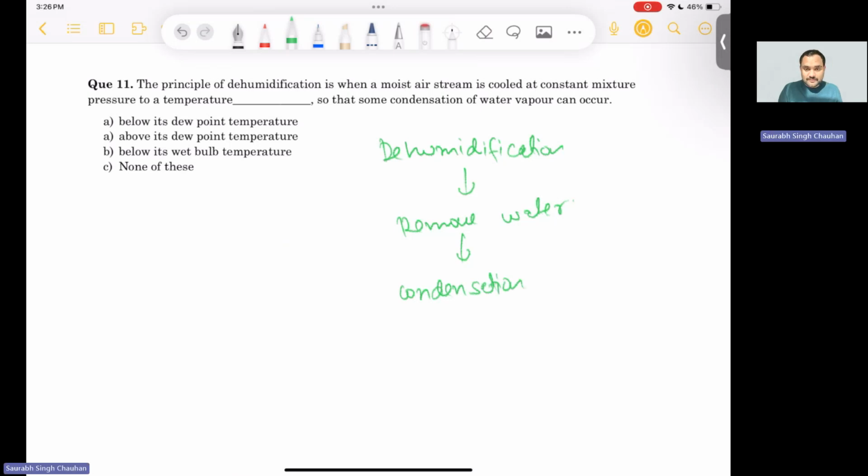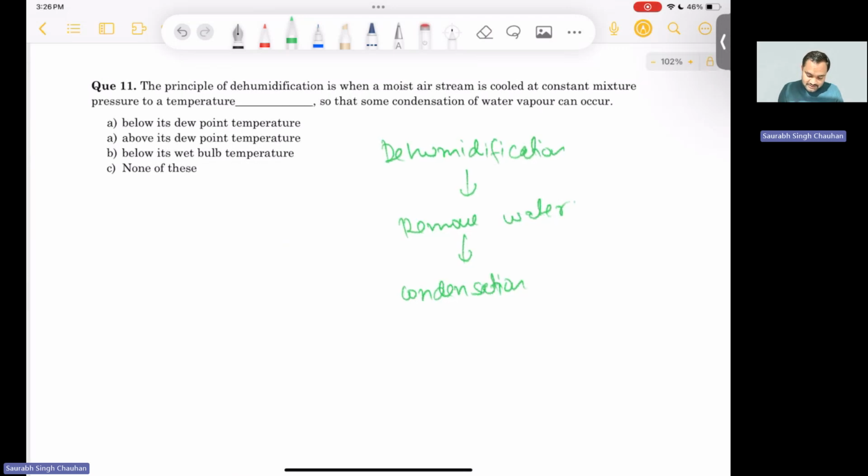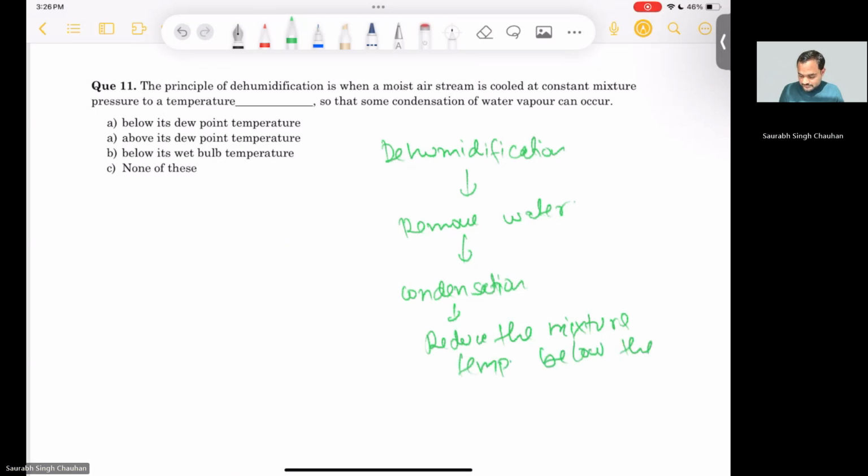So this is one of the methods. There can be other methods where there can be some water absorption by some adsorbent, but by removing water using condensation, you will have to reduce the temperature below the dew point temperature.